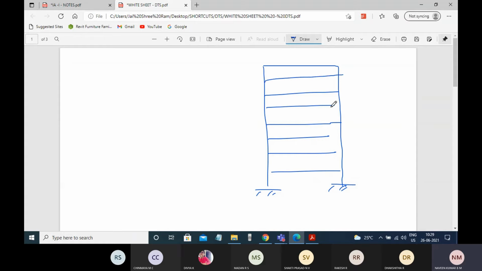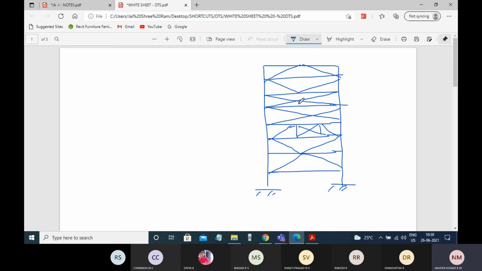Assume this is one type of bracing, and this is another type of bracing. I have just shown different types of bracings.